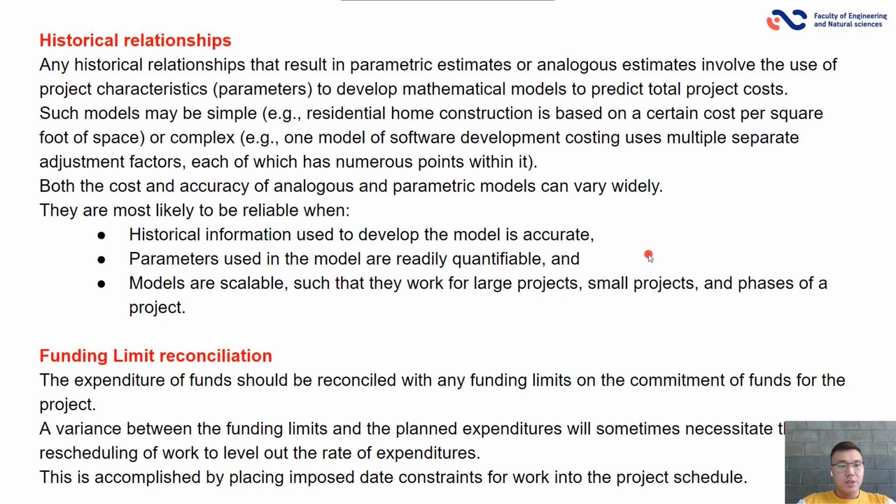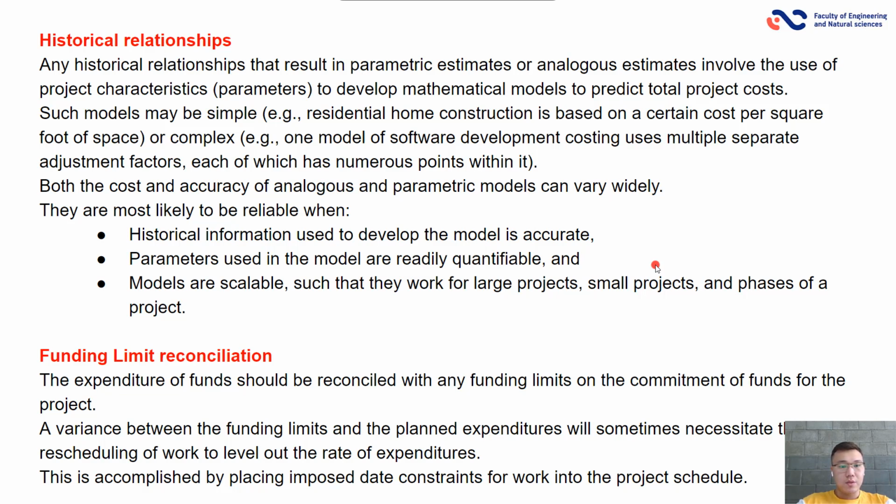Historical relationship. Any historical relationships that result in parametric estimates or analogous estimates involve the use of project characteristics to develop mathematical models to predict total project costs. Such models may be simple or complex.